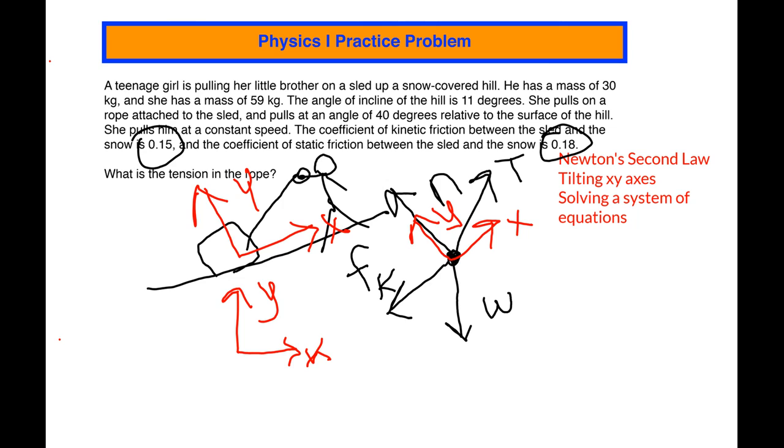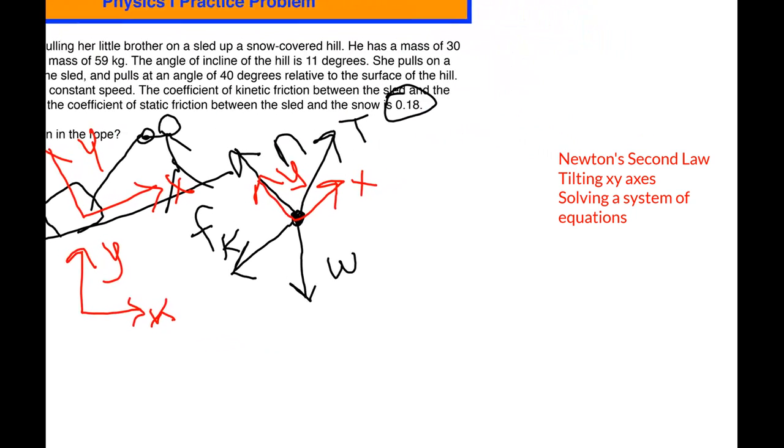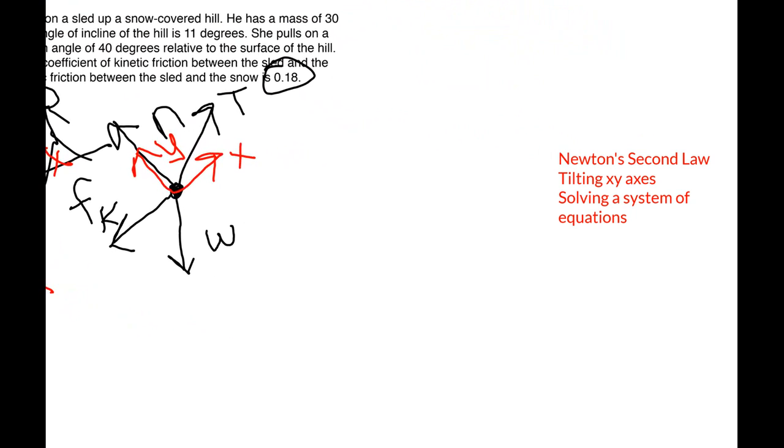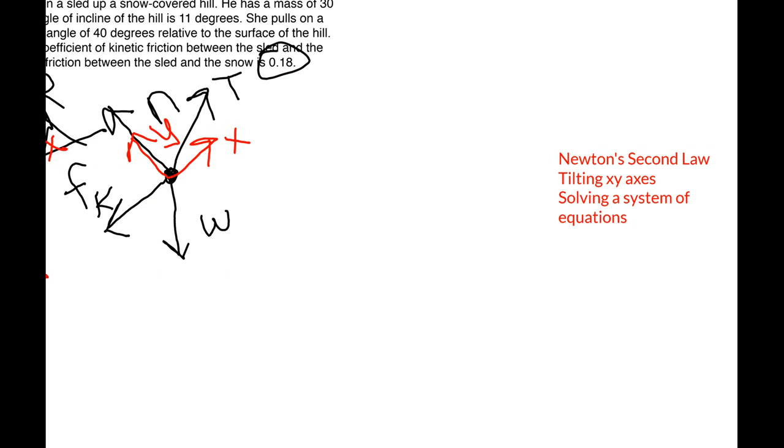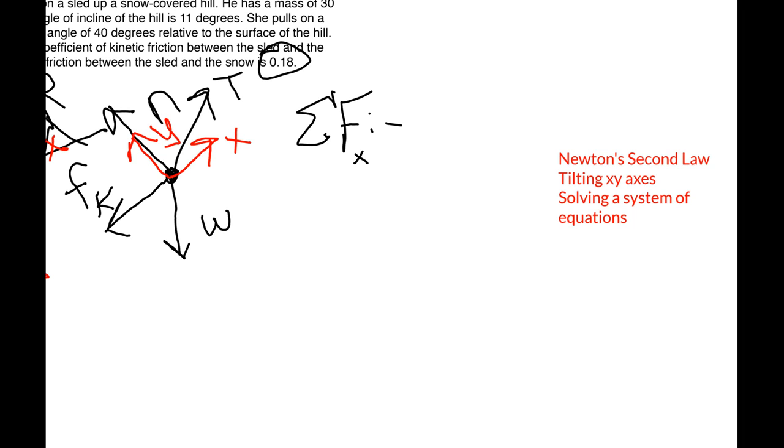Now let's use Newton's second law and sum up these forces in the X and Y directions. The sum of the forces in the X direction include the frictional force, which is negative because it's pointing in the opposite direction of what we've defined as the positive X direction.